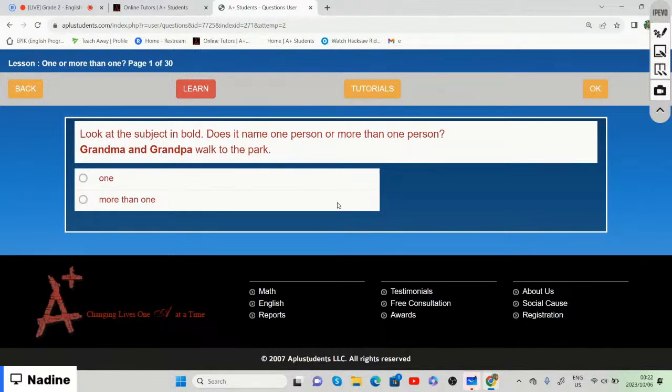Grandma and grandpa walk to the park. Are we only making mention of one person or more than one person? Is it one person or more than one?